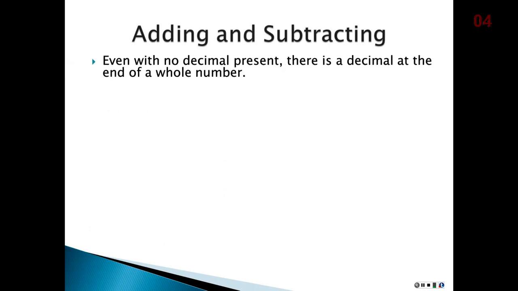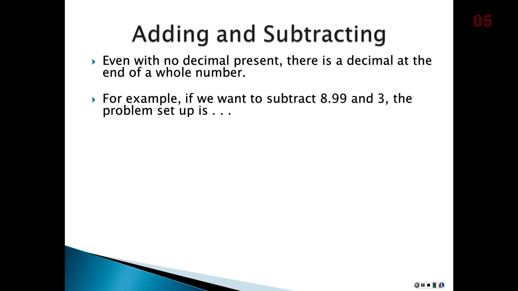Now, even with no decimal present, remember whole numbers have a decimal at the end of them, whether you see it there or not. So if I have this as an example, 8.99, and I'm going to add that to 3. You need to line it up like this. 8.99, and then you know 3 is like $3. So the 3 needs to be under the 8 because that's in the ones place. However, I know there's a decimal after this 3.